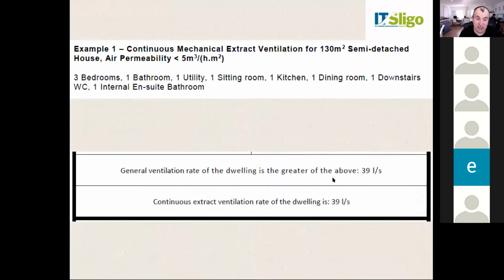So the general ventilation rate of that house is the highest of those two numbers, which is 39 liters per second. Okay, that's stage one.